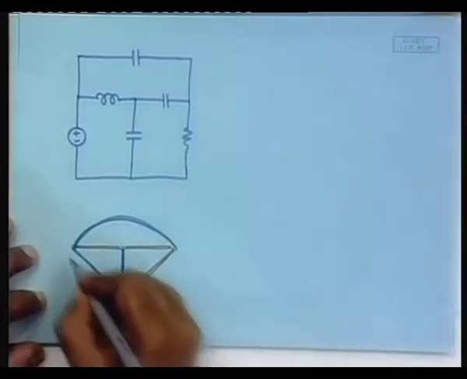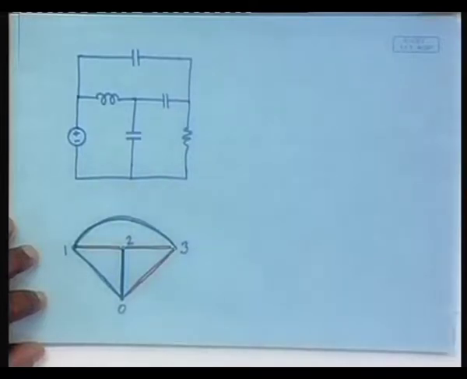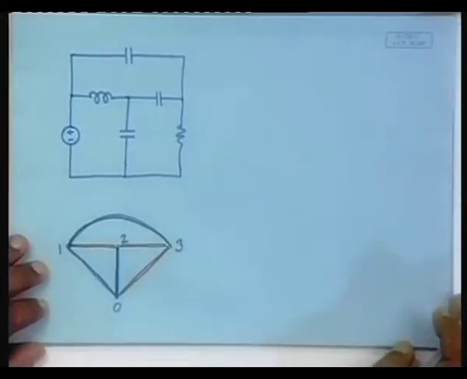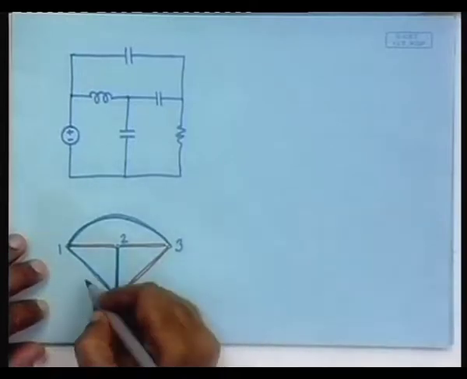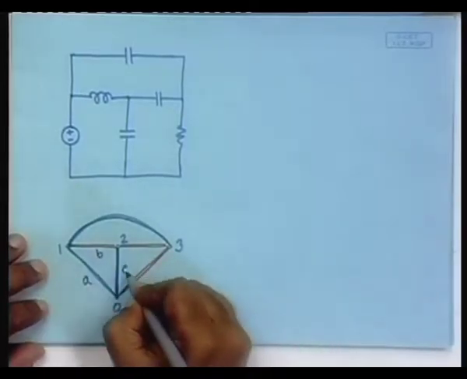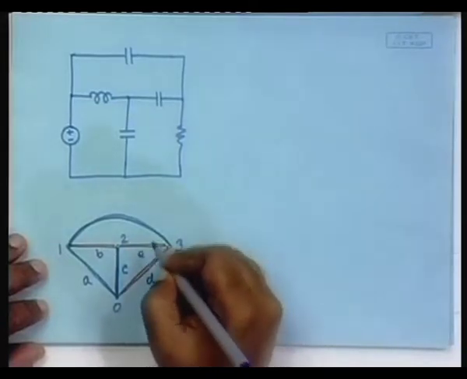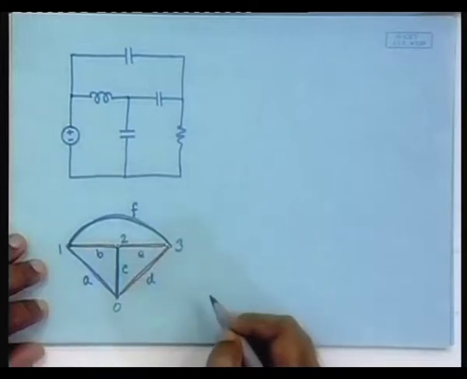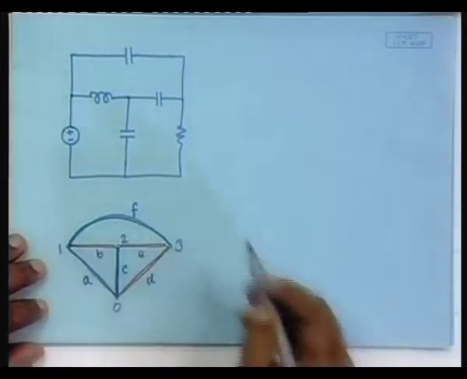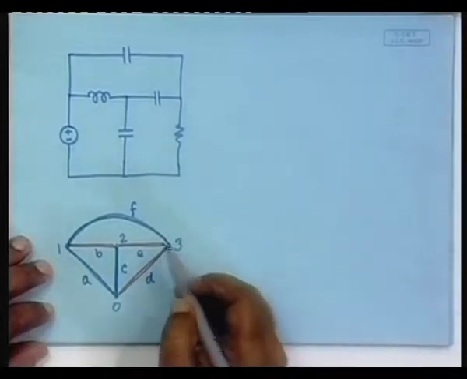This was 0, 1, 2, 3, and you have the branches identified as A, B, C, D, E and F. We also have to give the directions of the currents, the assumed directions of positivity and negativity.